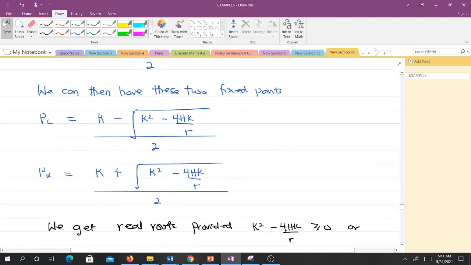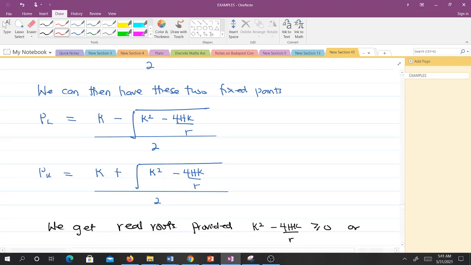So we have these two fixed points. We are calling the first one pL, equal to k minus root of k squared minus 4hk over r, all over 2. And this will be our pU, which should be equal to k plus root of k squared minus 4hk over r, all over 2. So this happens to be our two fixed points, right?